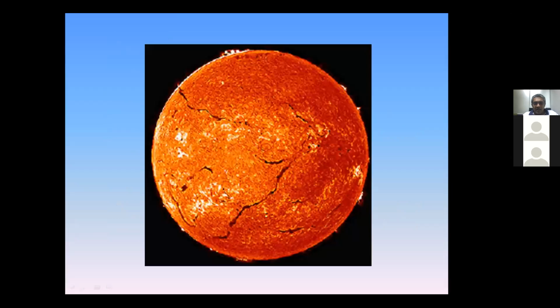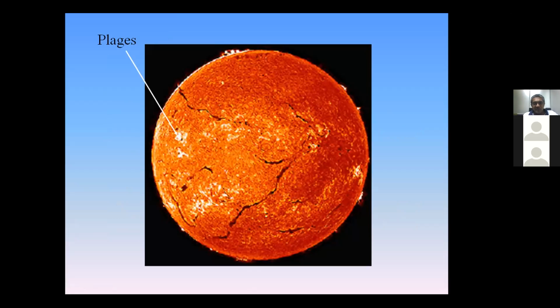Now let's see what these features are. If you look at the sun in this way, this is not the usual way you look at the sun, right? This is through a certain filter. When you look through a certain filter, you'll be able to see all these features.